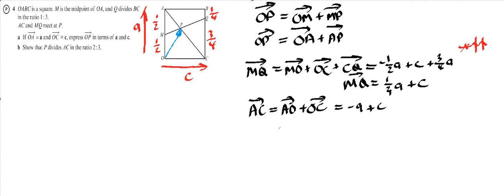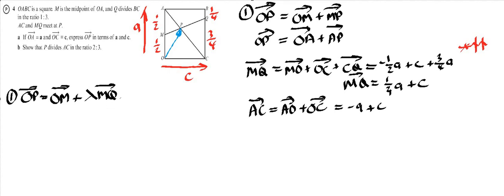So now I've got two ways of getting from O to P. Let's write those down. My first way: O to P is equal to O to M, as we said. Now I've got to do M to P, but P lies on MQ, so M to P is somewhere along the line MQ.